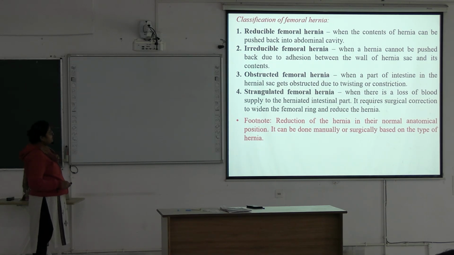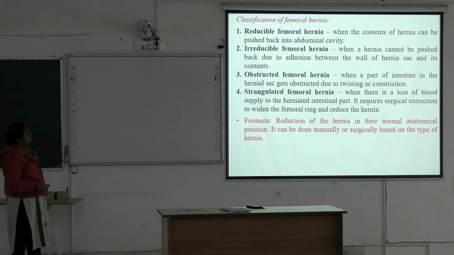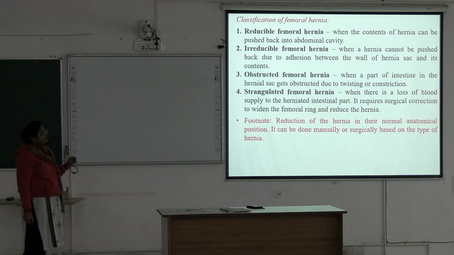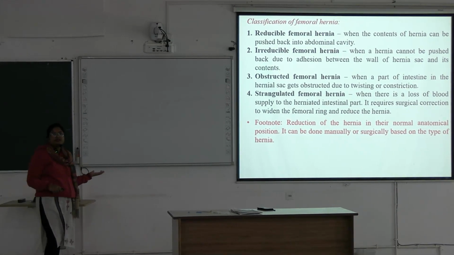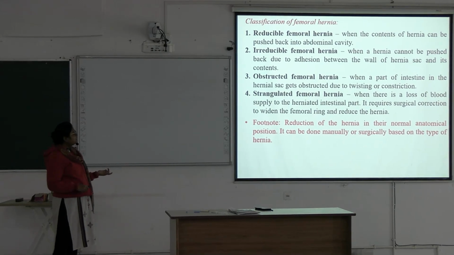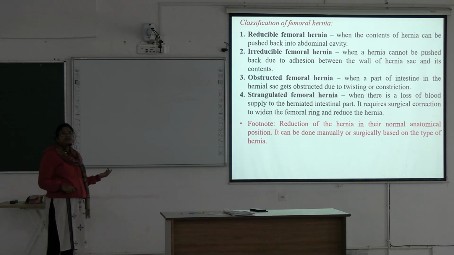Next, strangulated, when there is loss of blood supply to the herniated intestinal part and it requires surgical correction to widen the femoral ring and reduce the hernia, because in strangulated hernia there will be pain and also a high chance of necrosis and perforation, because the blood supply is lost, and the strangulated part will not get oxygen or nutrients. That is why emergency surgical correction is needed for reduction of the hernia.